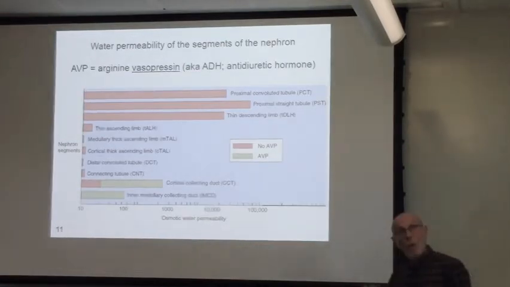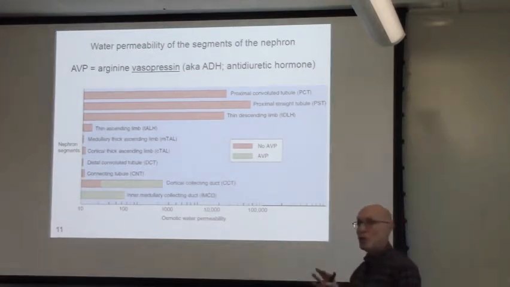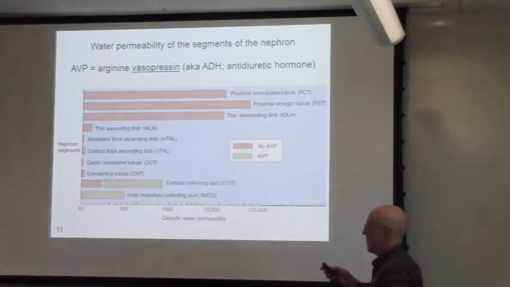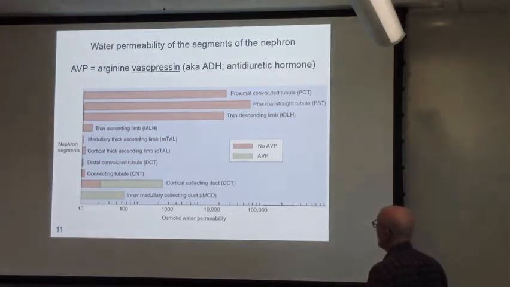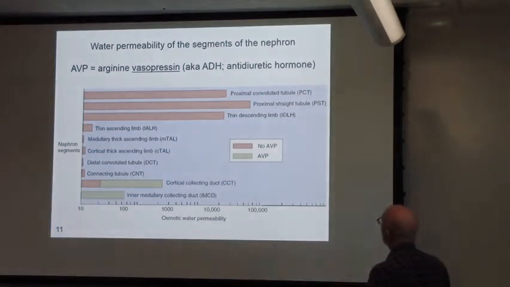Okay, so now we have to use this gradient that we worked so hard on, that your loops of Henle burned so much ATP to produce. The main point of this figure is that the proximal tubule has a high water permeability. There it is. Proximal tubule, we're forgetting about convoluted and straight. The proximal tubule has a high water permeability. You already know that.